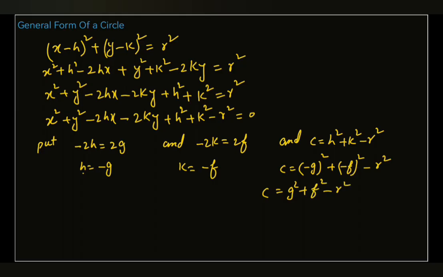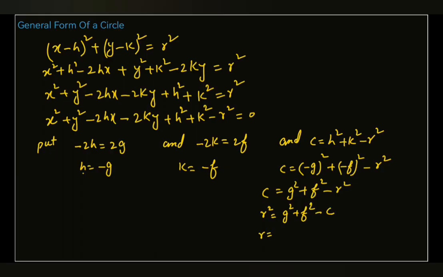If we shift c to the right side and r square to the left side, then we get r square is equal to g square plus f square minus c.